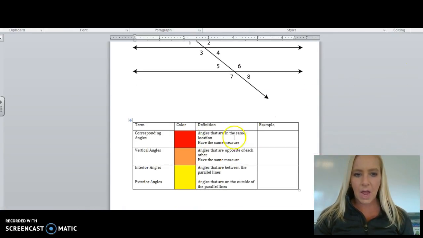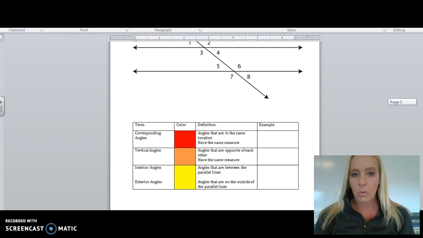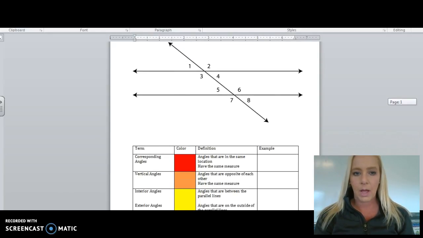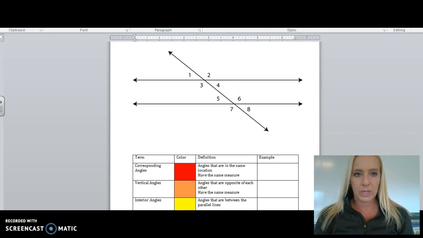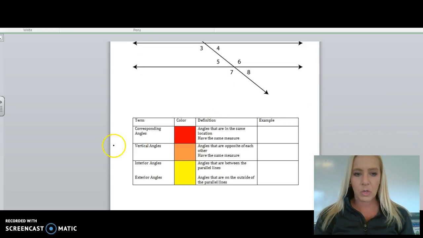Now, if these have not printed out in color, or it's difficult for you to see color, I will label these for you. So the first color you're going to need is red. Corresponding angles are angles that are in the same location and have the same measure.